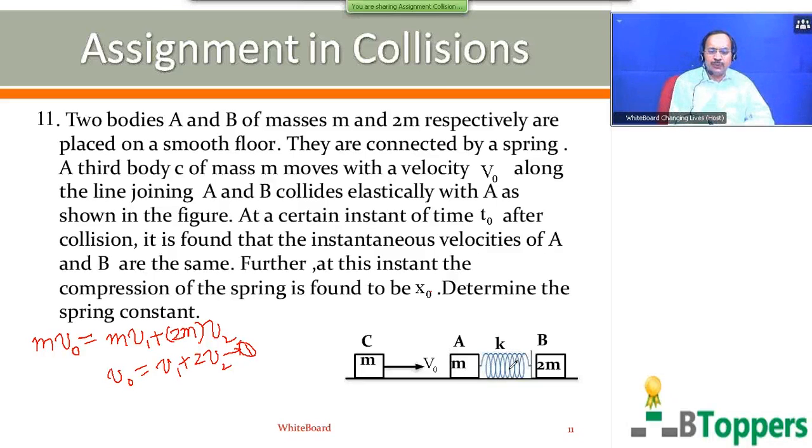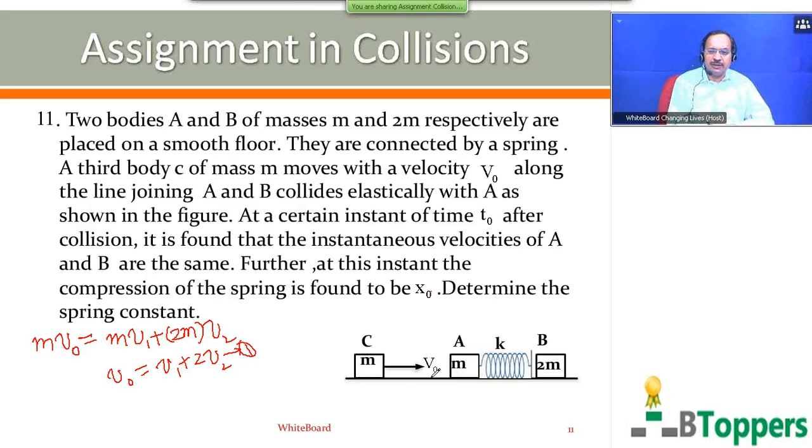The two blocks are moving on a smooth floor, there is no friction, and the elastic force by the spring is a conservative force. Therefore, the total mechanical energy of the system of the two blocks A and B and the spring remains constant during the subsequent motion. So applying conservation of energy, the total mechanical energy of the system can be written as the sum of the kinetic energy of the system plus the elastic potential energy stored in the spring.